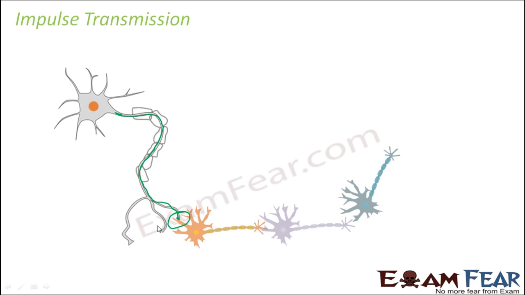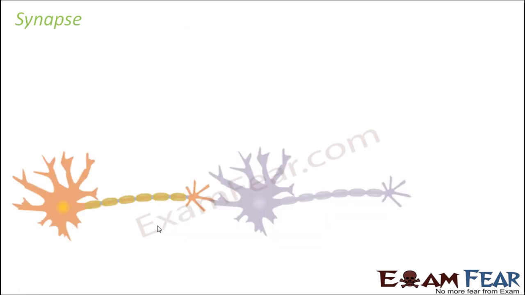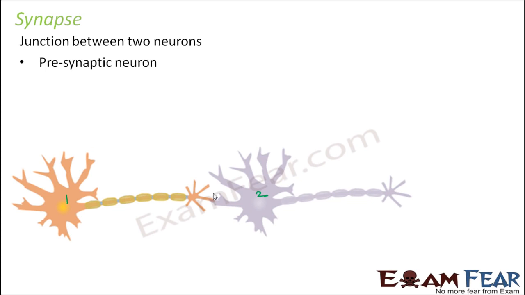In order to understand that, we have to understand what a synapse is. It is a junction between two neurons. Here you can see two neurons. This is neuron 1 and this is neuron 2. The junction between these two is known as the synapse.